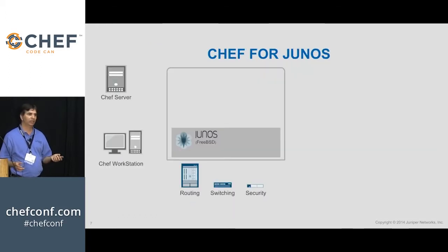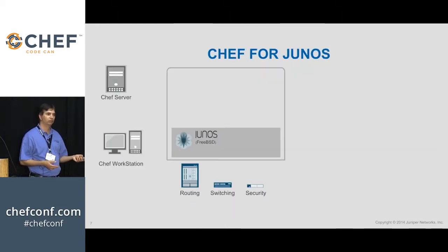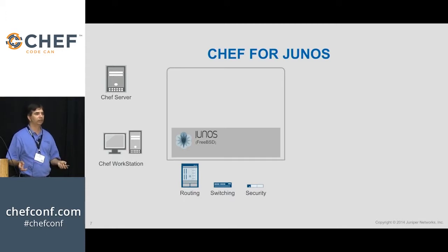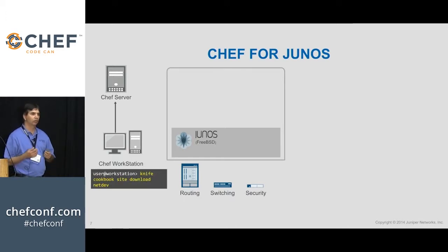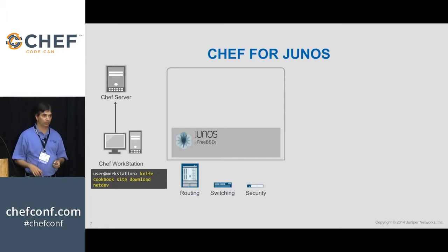So in a typical Chef setup, you have a workstation, you have a Chef server, and then you have various devices. In this case, I'm showing you a network device. Then you would push a cookbook up to the Chef server, and in this case, we have created a cookbook called NETDEV, which gets uploaded to the server. Okay.